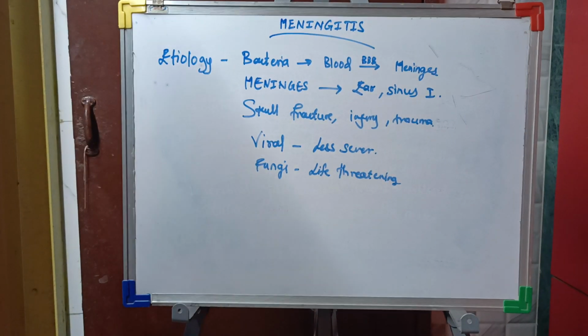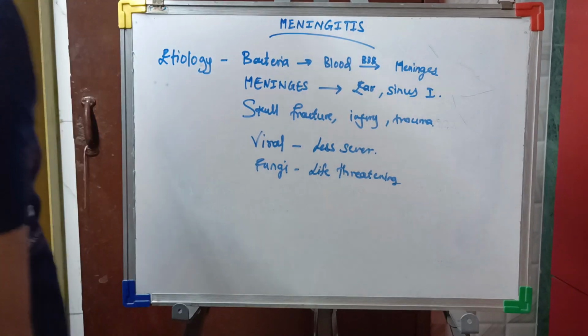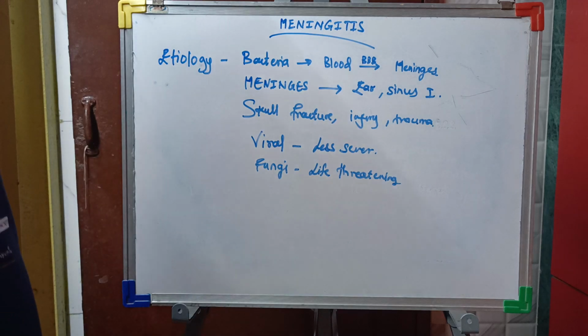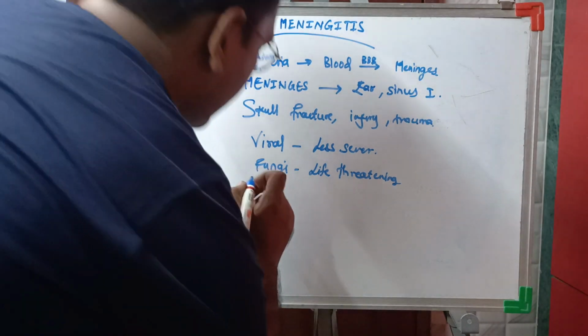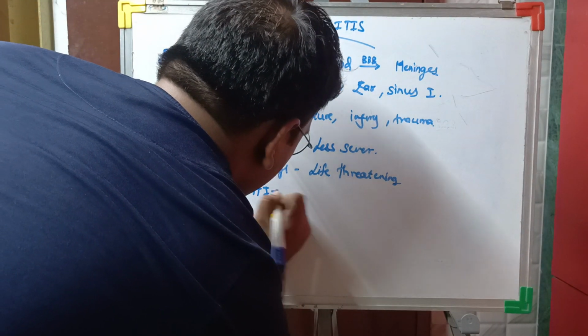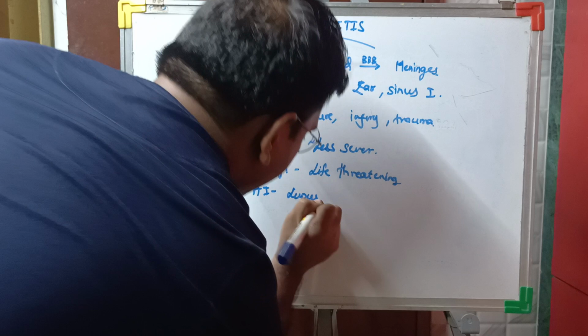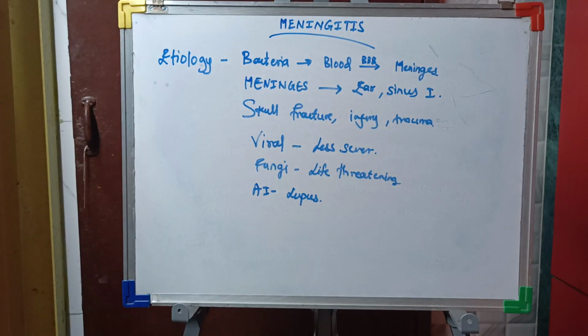The viral causes include mumps and herpes virus. Fungal causes occur in patients with AIDS and other infections. There are also autoimmune causes of meningitis, such as autoimmune diseases like lupus. Due to this also, meningitis can occur.